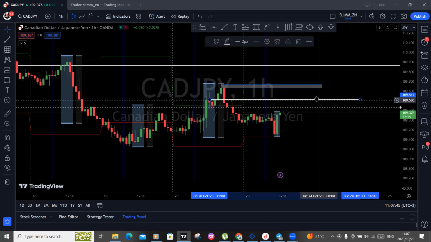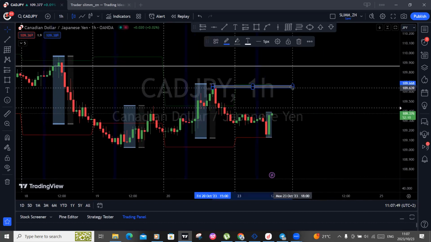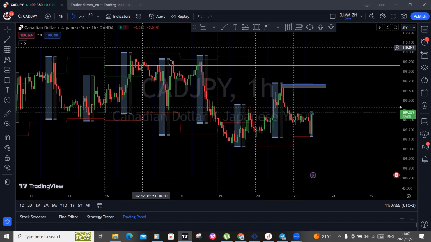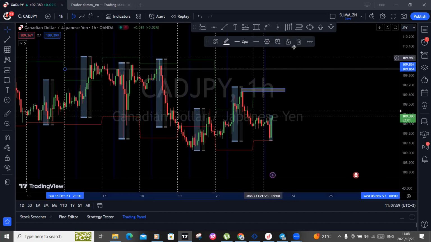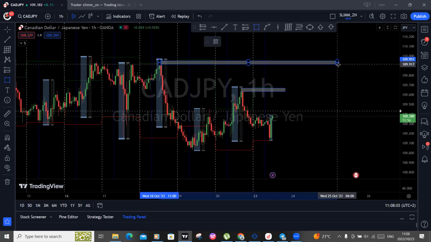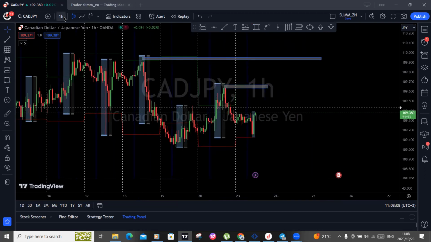So removing these guidelines from the higher time frames. That's a target there, and then the ultimate target on top here where that daily zone is. So we're going to use this. That's an ultimate target.